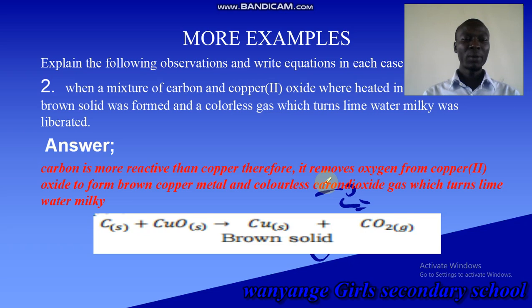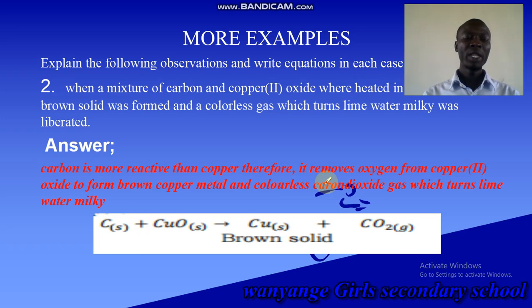So still you have to look at the two elements, the carbon and the copper. Which one is more reactive? Carbon is more reactive than copper. So the carbon will actually remove the oxygen from the copper.